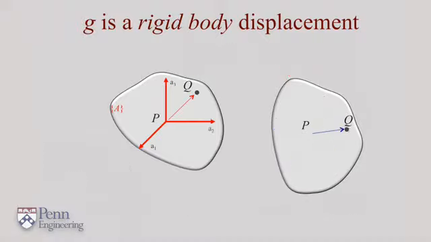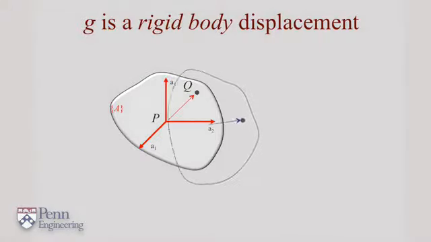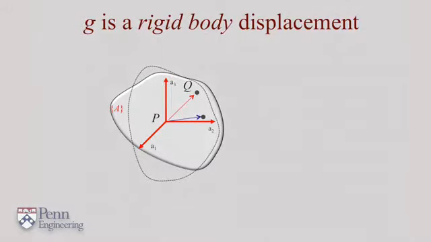So now let's focus on this vector PQ. I have two distinct position vectors. They're both PQ. I'm going to translate the rigid body so that the two vectors have the same origin. So one vector is PQ, the second vector is now PQ prime.